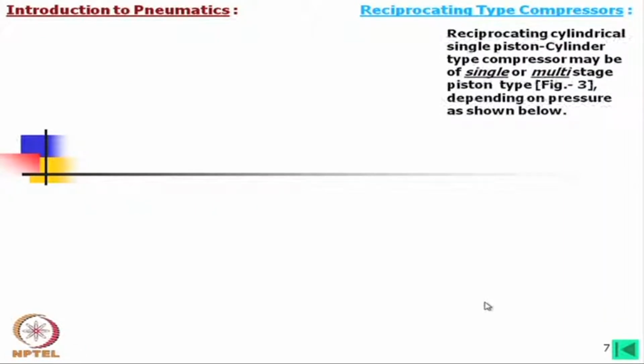Now, a reciprocating cylindrical single piston cylinder type compressor may be of single or multiple stage.